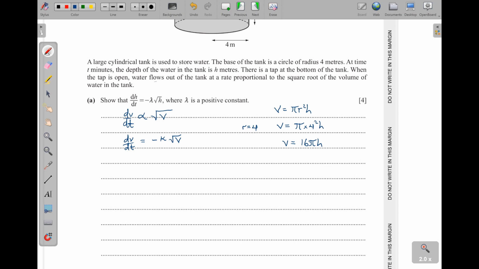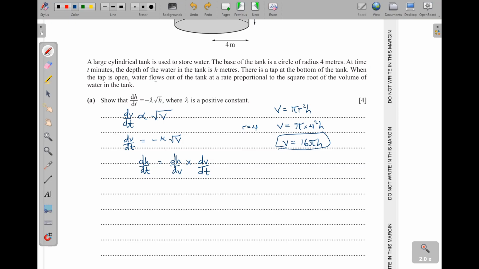For dh/dt, we are going to use what we call the chain rule. dh/dt is going to be dh/dV, because V is connected to h, times dV/dt. So that dV cancels, and then you remain with your dh/dt.